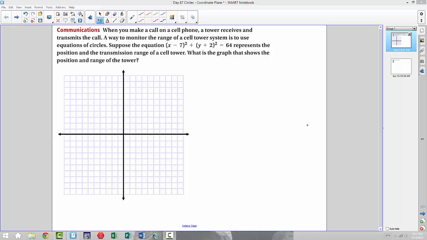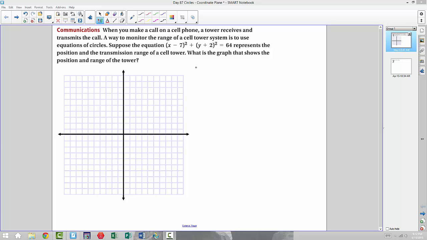This next problem, we will find the center of the circle and the radius of the circle given the equation. So suppose the equation x minus 7 squared plus y plus 2 squared equals 64 represents a cell phone tower. What's the graph that shows the position and range of the tower?